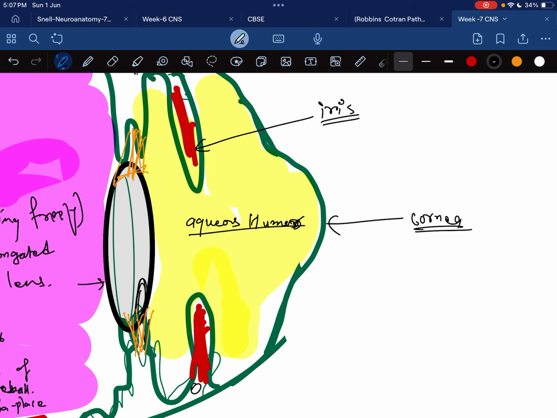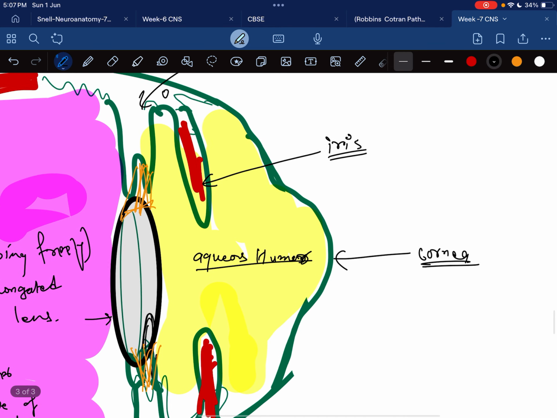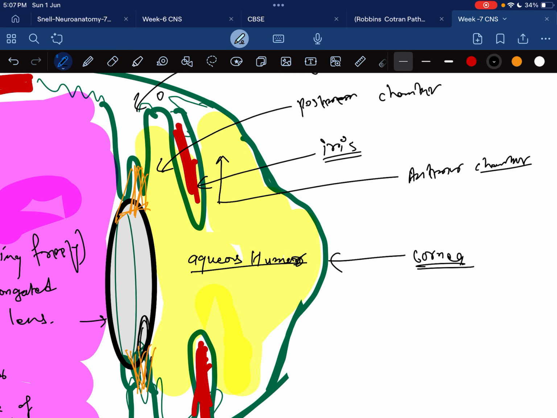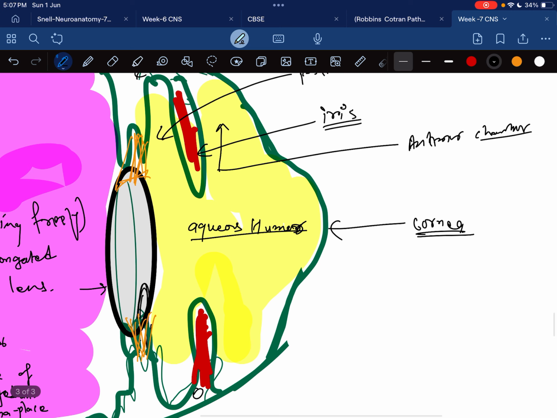The iris divides it into chambers: this is the posterior chamber, and this is the anterior chamber. It flows like water: it is synthesized, and it also drains.